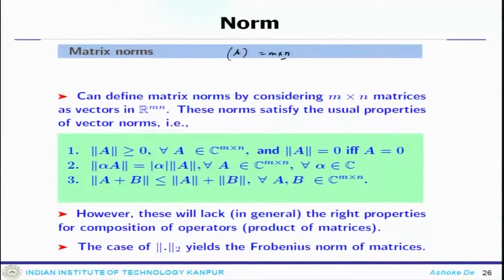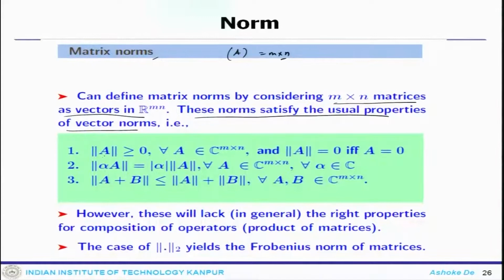We first discussed the norm of a vector, and now we want to look at the norm of a matrix. One can define the matrix norm by considering m by n matrices as vectors in R^mn. Then these norms satisfy the usual properties of vector norms, which means those three properties that we have discussed for the vector norm are going to be exactly satisfied in this case also.